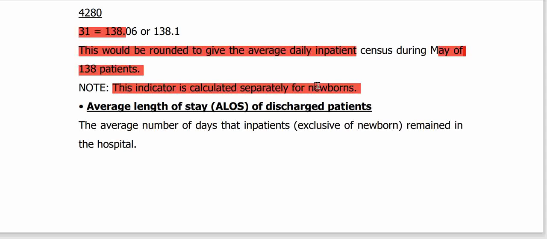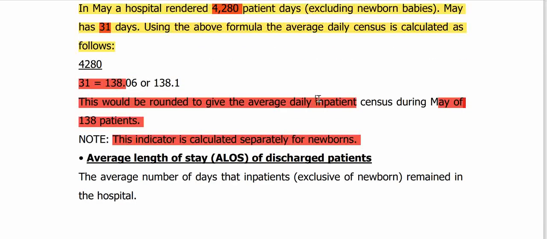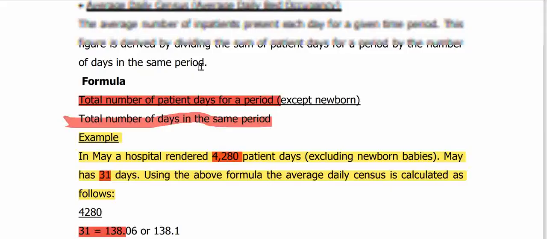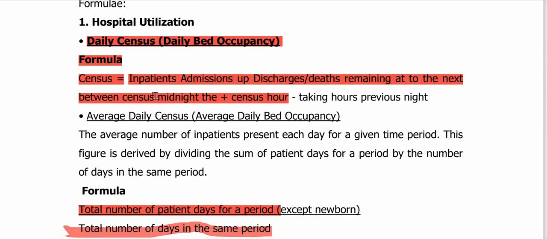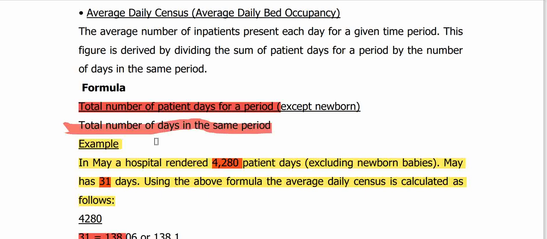Like I said before, our calculation does not include newborns. Very simple calculation right there. And I believe that it is also simple for you. Just get a pen, then read this example thoroughly, and also master the formula. Okay, you master the formula of daily census, whereby the total number of patient days is divided by the total number of days in the same period.